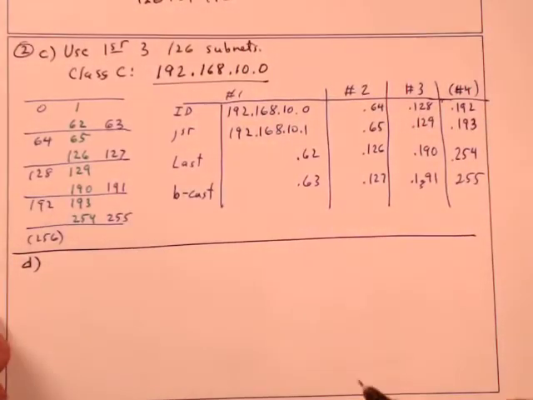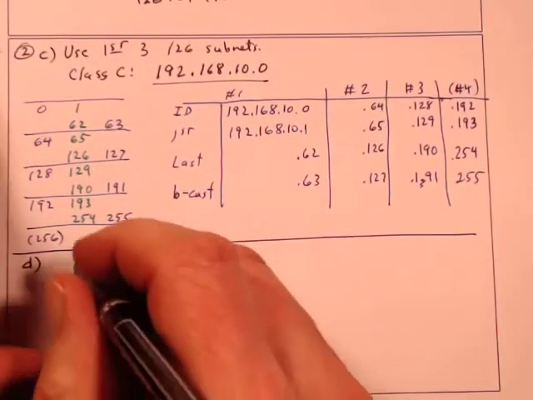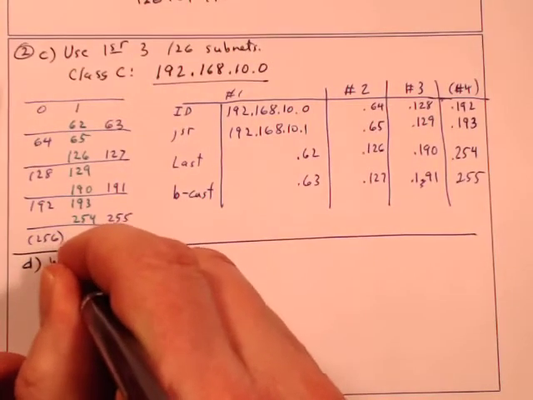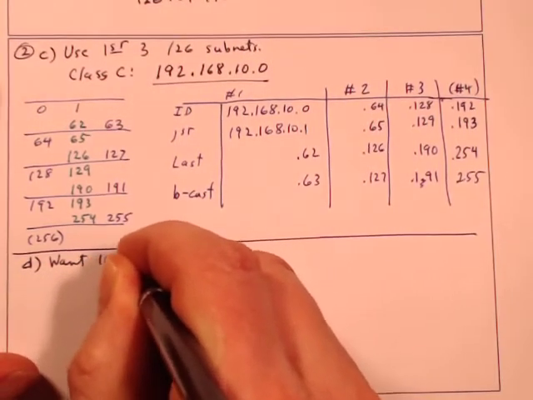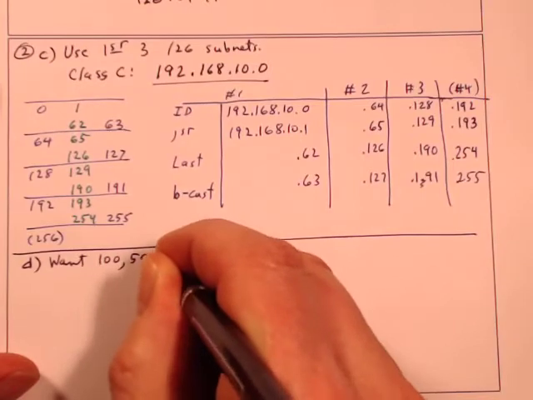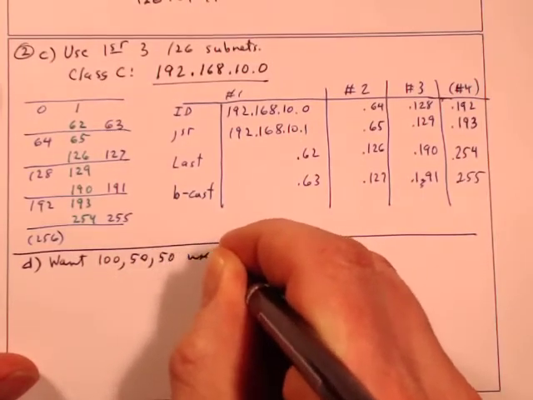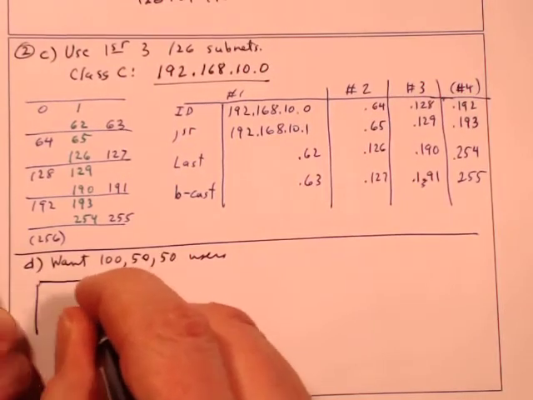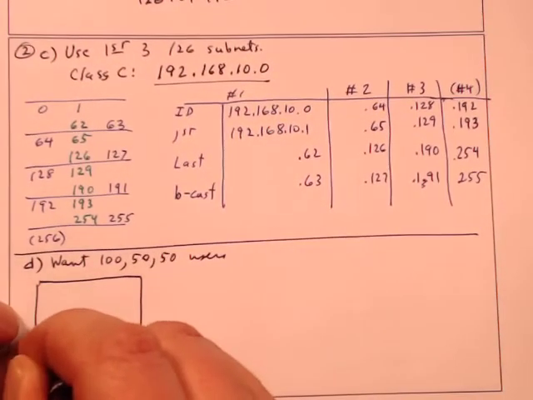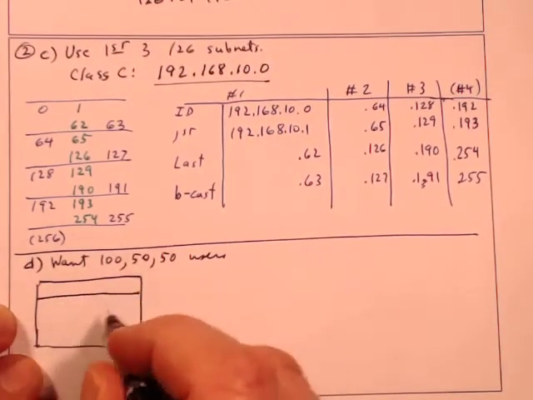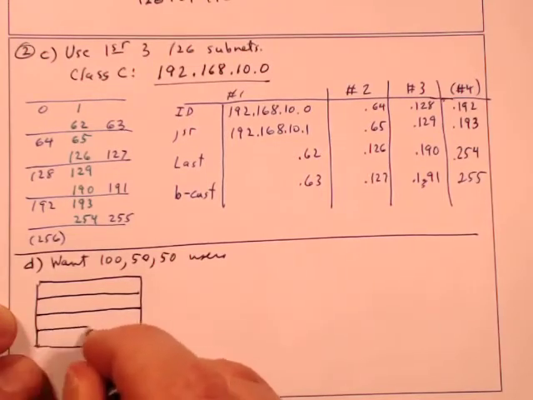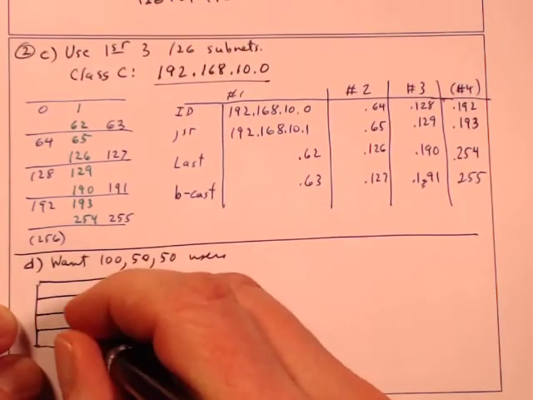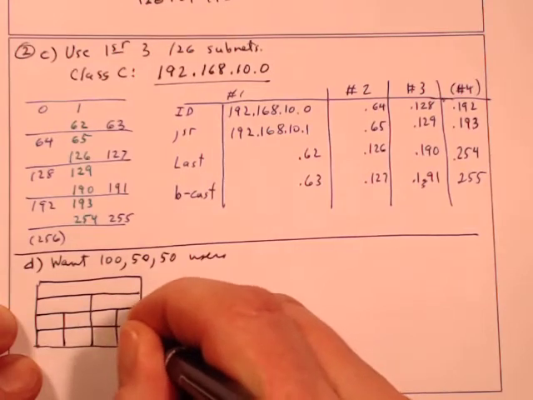And what I'm going to do then is draw this picture. So we want 100, 50, and 50 users. And conceptually what we're going to do is break our 256 in half, and then in half again and again.